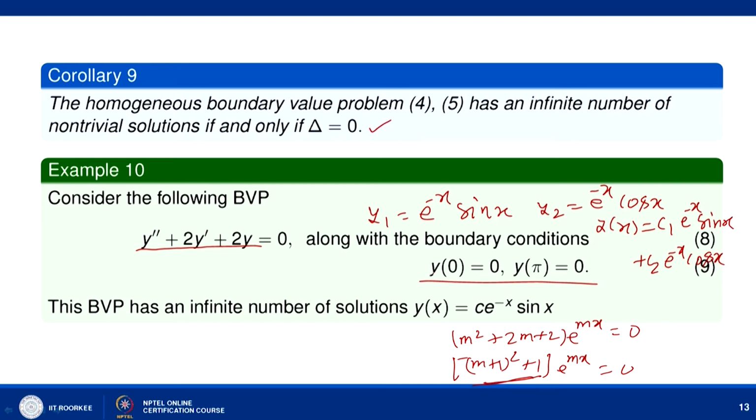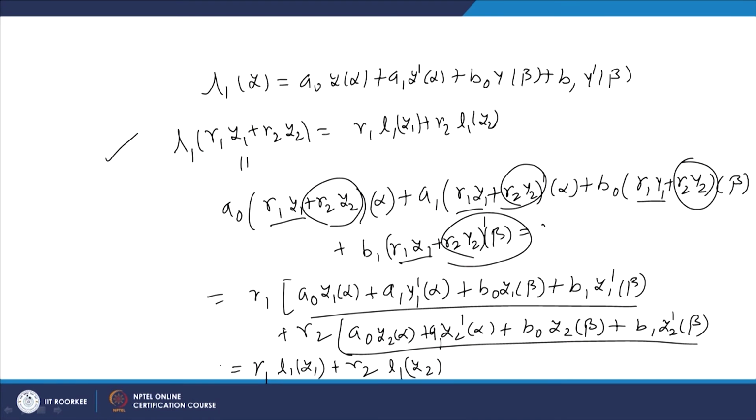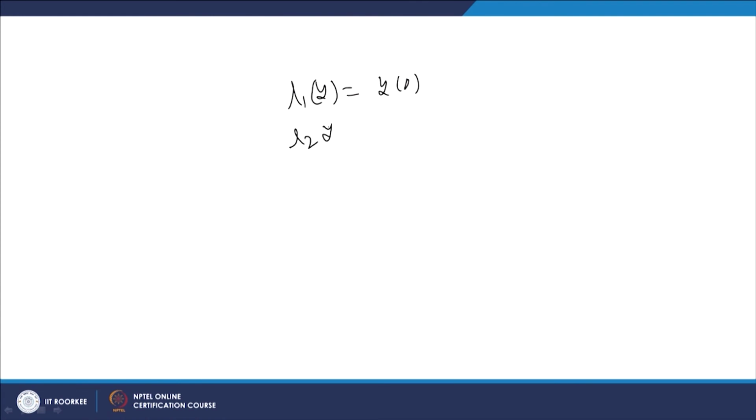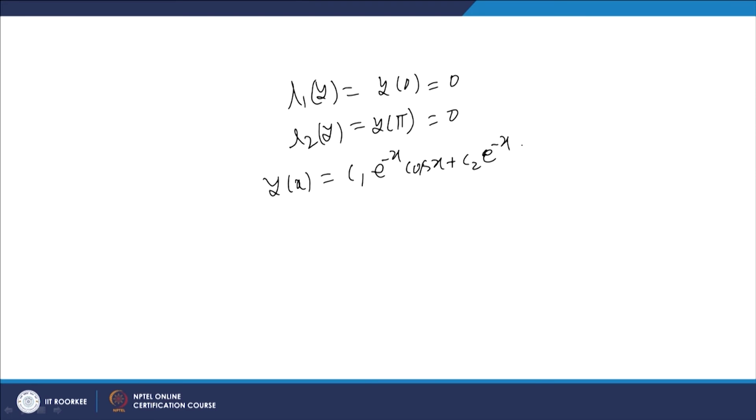Now, we have the condition L1 y equal to 0. So, you can look at the delta here. Let me write it. Here L1 y is basically y at 0, and L2 y is y of pi, and it is given as 0, and y of x is already given as c1 e to power minus x cos x plus c2 e to power minus x sin x.